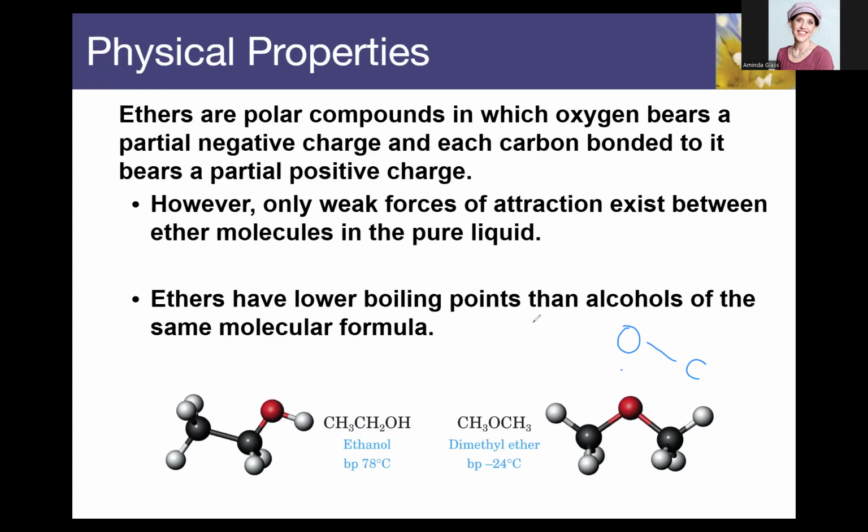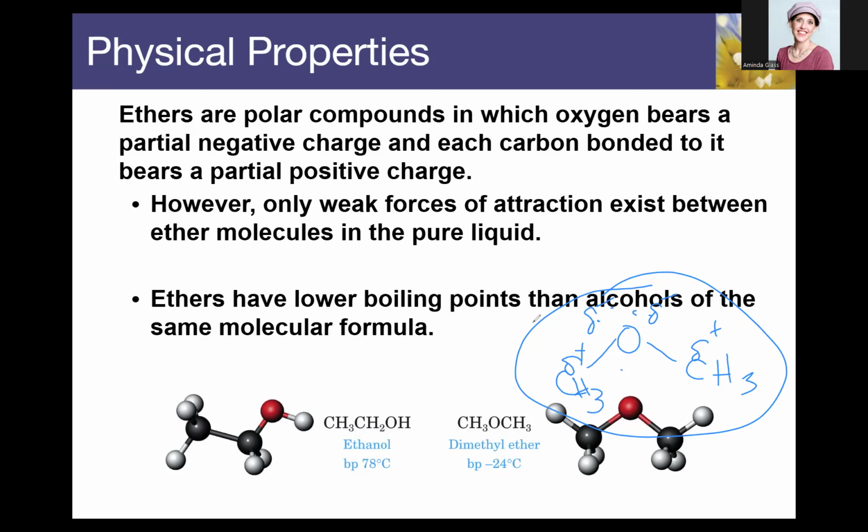You have a carbon here and you have a carbon here. This is a simple diethyl ether. So here you have your unpaired electrons, so you have your negative dipole there. And here you would have your positive dipole over your carbons. So you do have a polar molecule. Ethers are polar.